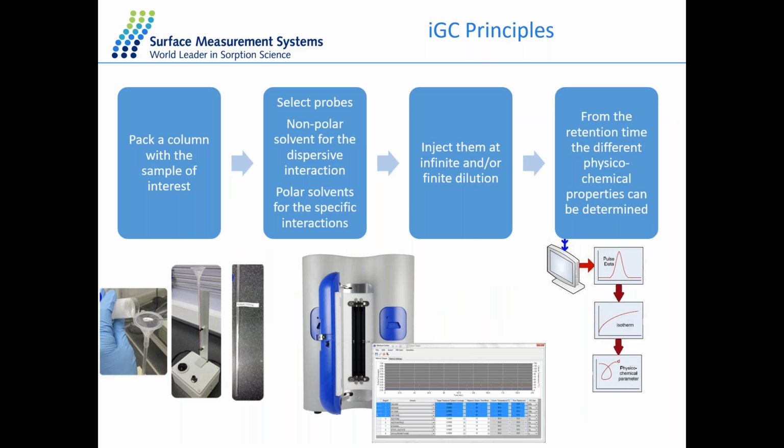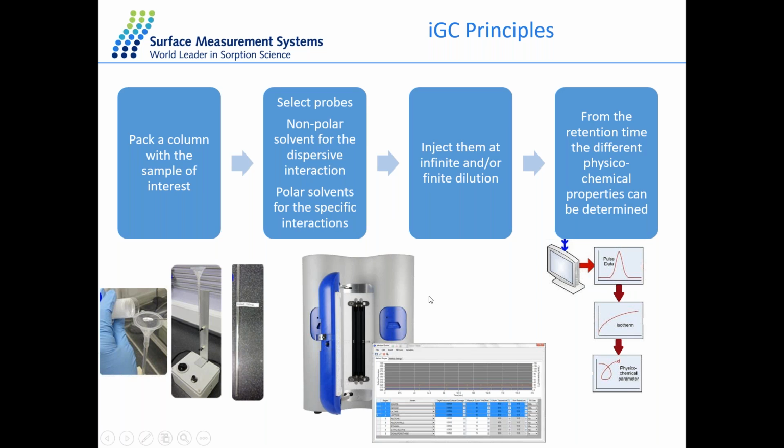Before we begin our experiment, what we first do is pack our column with the sample of interest, as seen here. We're just funneling in some of our sample. We then select a few probes. With regards to calculating surface energy, we have a mixture of non-polar probes, which give rise to dispersive interactions, and polar probes, which give rise to more specific interactions.